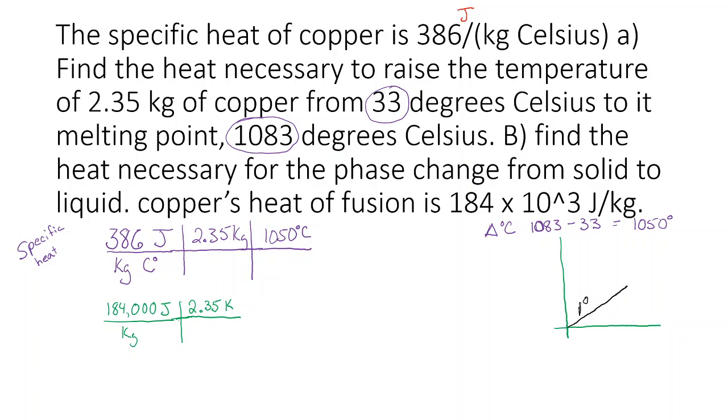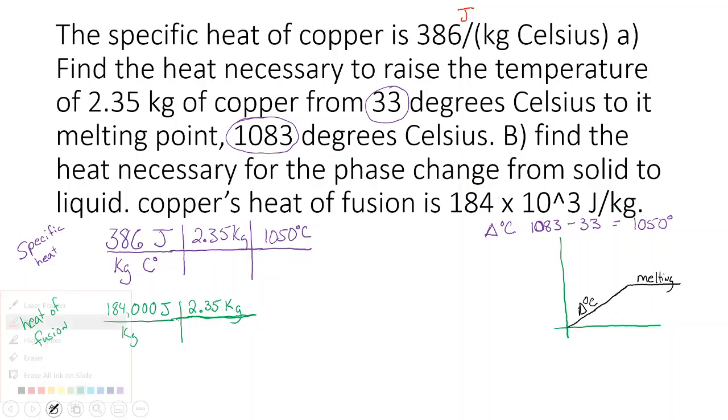So that's your change in degrees Celsius. But then you have this flattening off where the melting occurs. There's no change in temperature of the copper as the melting occurs. So that's why there's no degrees Celsius on the bottom of your heat of fusion.